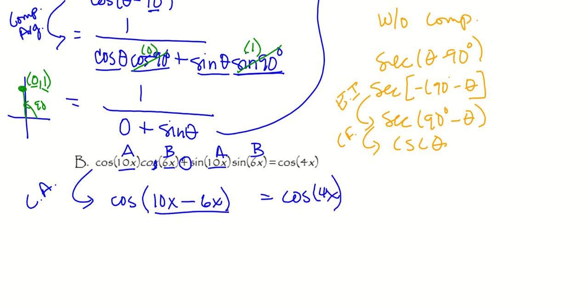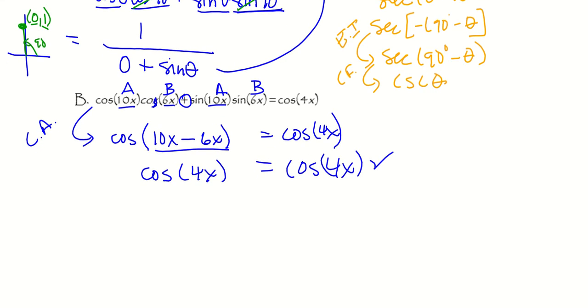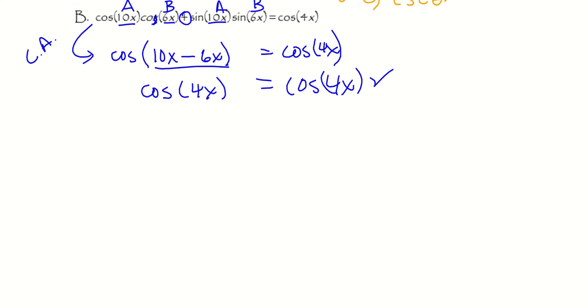Well, those are like terms. I've got 10x's minus 6x's, so that's the same thing as the cosine of 4x. And wow, that was easy. We are done. Aren't these identities powerful things? Great tools for making a difficult statement simple, which is exactly what we've done.